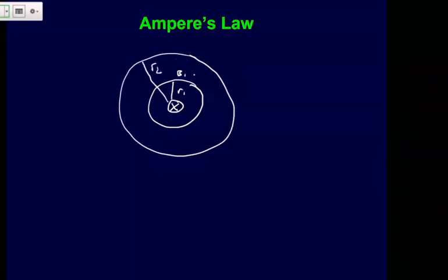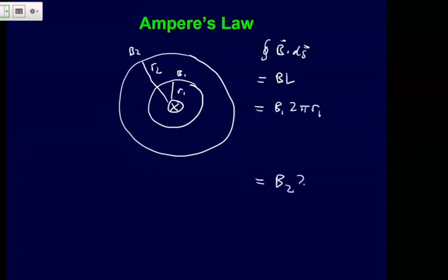On this loop you would call the magnetic field B1, and on this one B2. If we calculate this B dot ds business, it becomes B times L. In the first case I would have B1 times length 1, and length 1 would be 2 pi R1. In the second case I would have B2 times 2 pi R2.